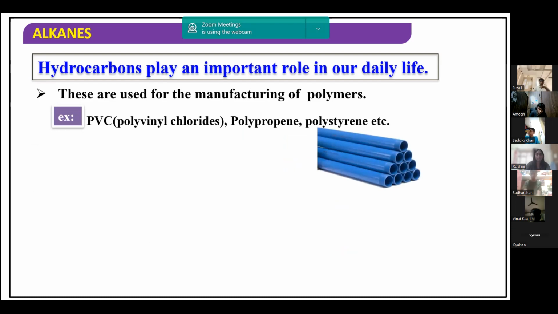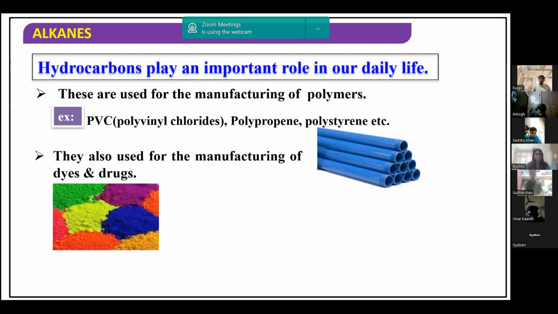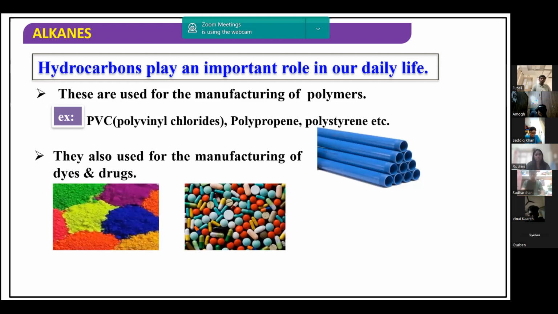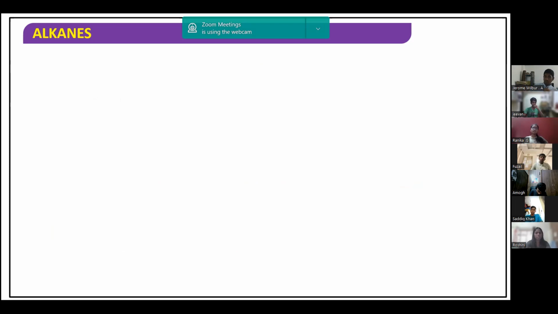Hydrocarbons also play a role in the manufacture of dyes and drugs. So it has a lot of applications, and because of that, we should have at least a little knowledge about these hydrocarbons.